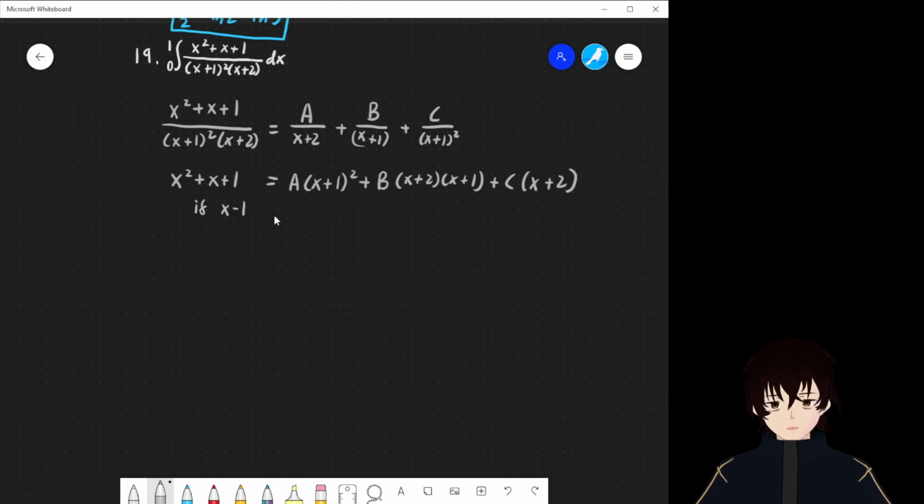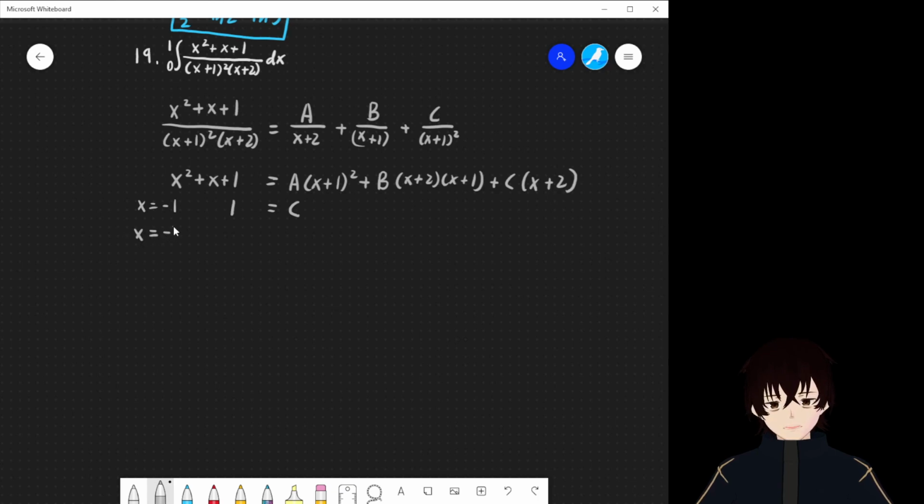Then 1 minus 1 plus 1 equals 1, so that's c equals 1.